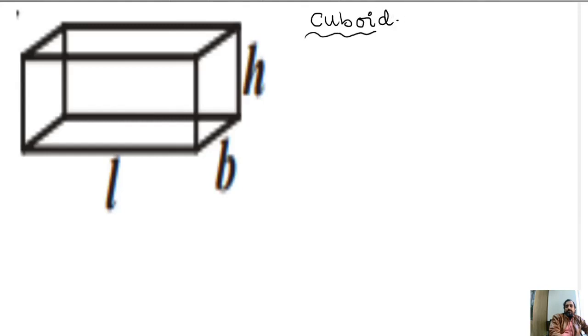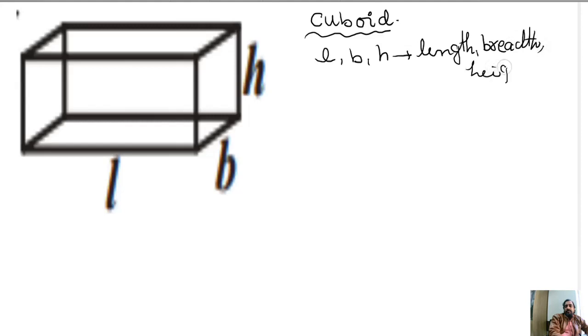Cuboid. L, B, H are length, breadth and height respectively.